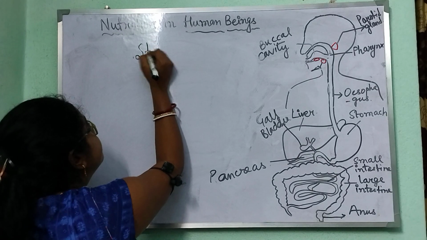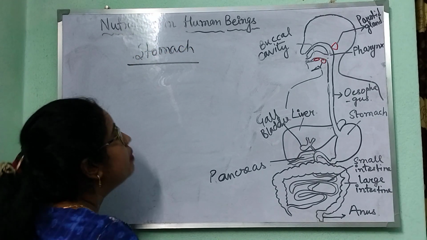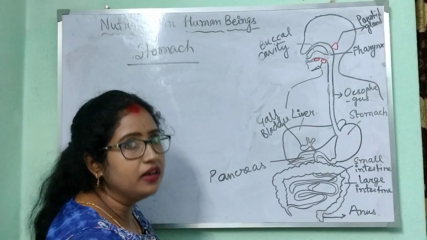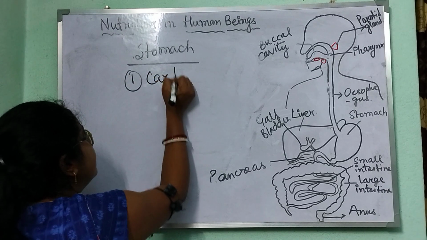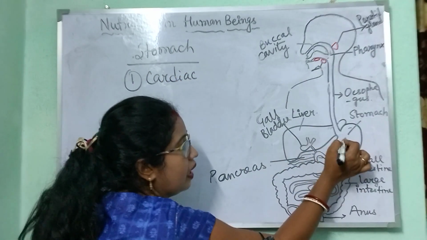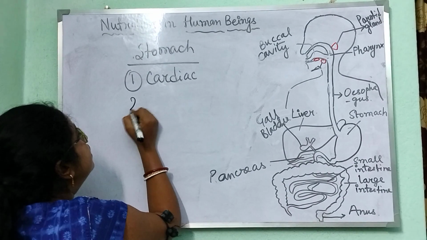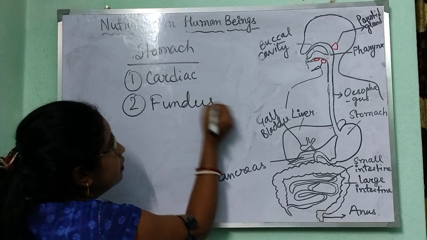The stomach has three parts in it. The first part is known as the cardiac part, the upper portion. The second one is the fundus, the middle portion.